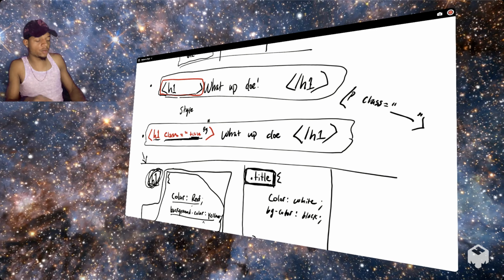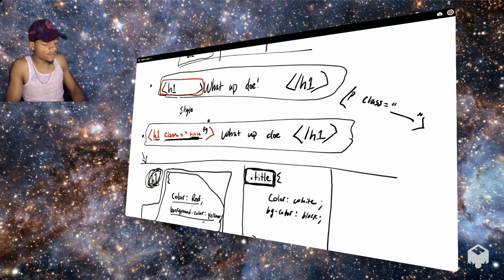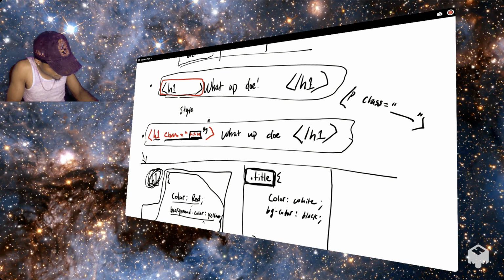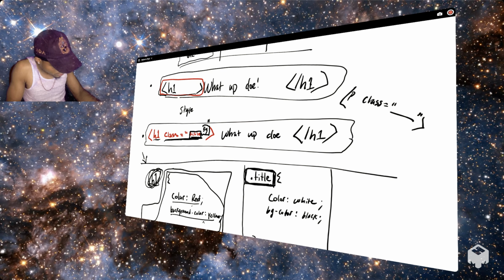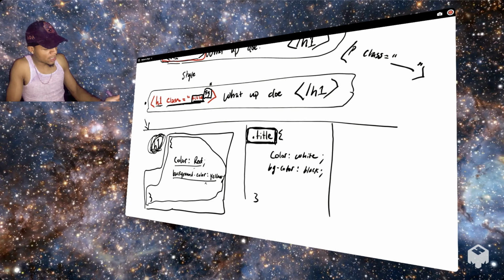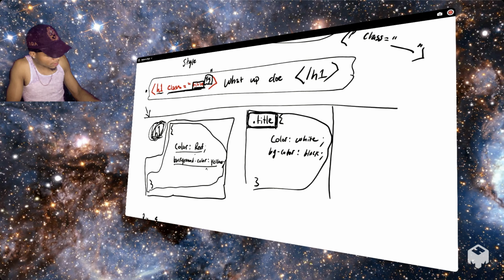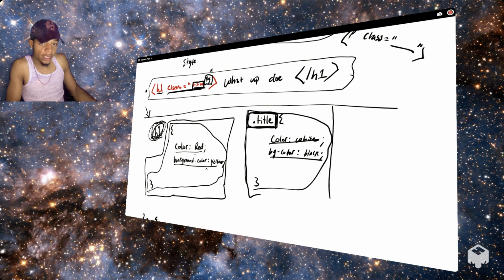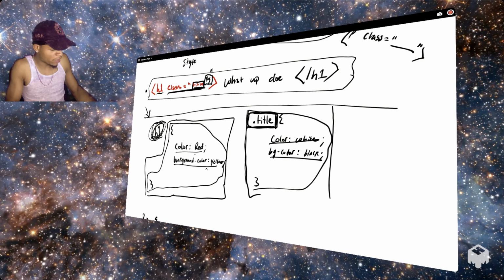So we have the H1 element, and I attached the class title onto it and the class big onto it. What does this do? Well, it goes and it looks at the class title, and now the H1 has a color white and a background color black, right? Cool.